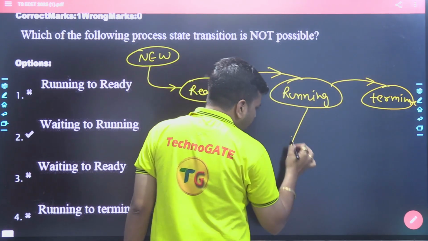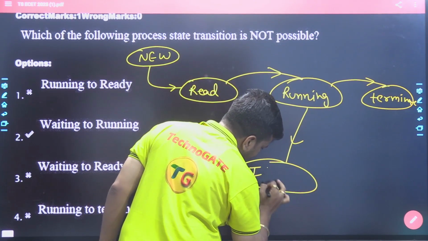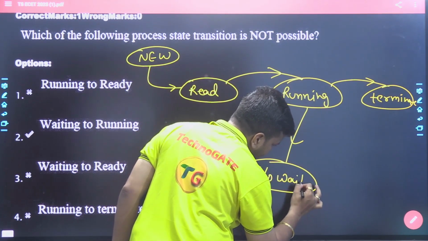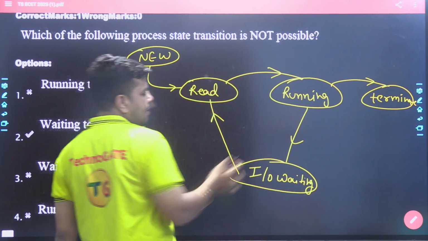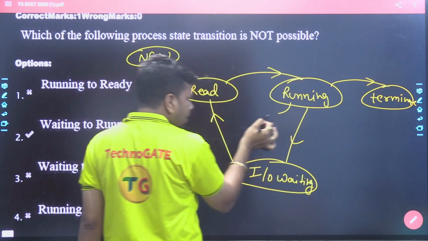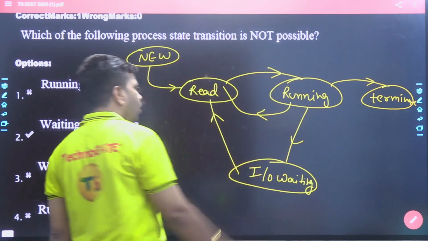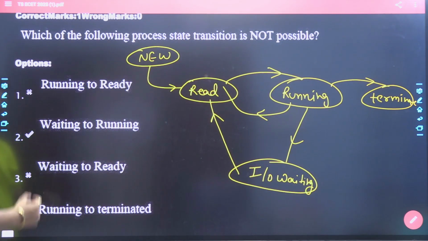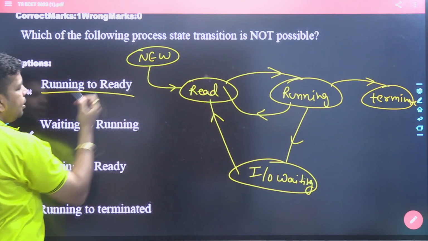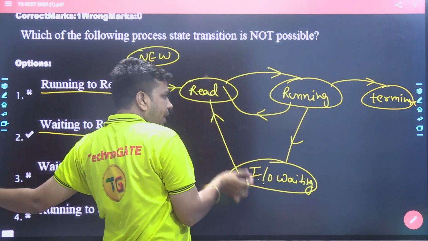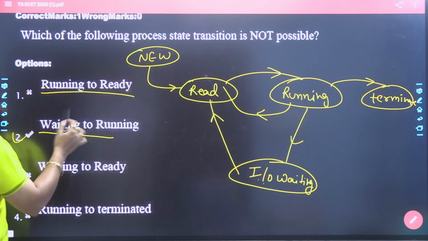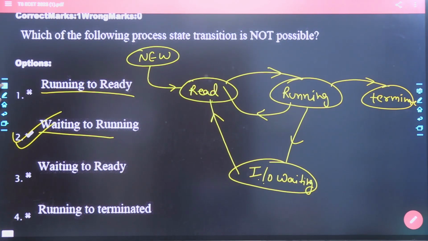It may wait for IO devices. If the waiting is over, then it goes to ready. Sometimes, with round robin scheduling, it can also go from running to ready. So running to ready is possible. Waiting to running directly is not possible; from waiting we need to go to ready. So the second is not possible.